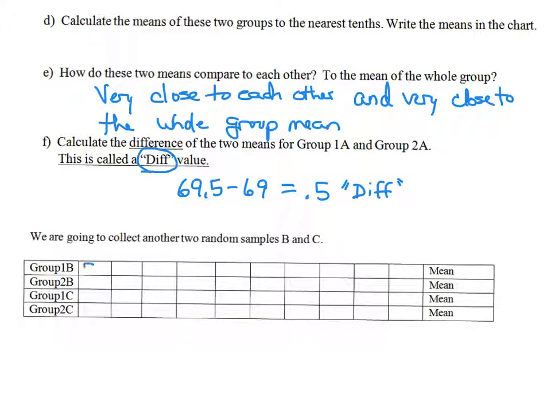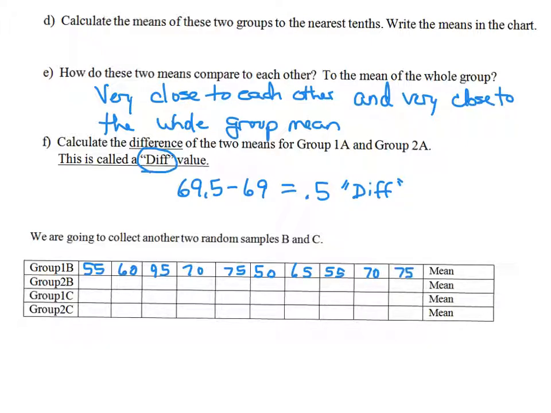So my next group is going to be 55, 60, 95, 70, 75, 50, 65, 55, 70, and 75.